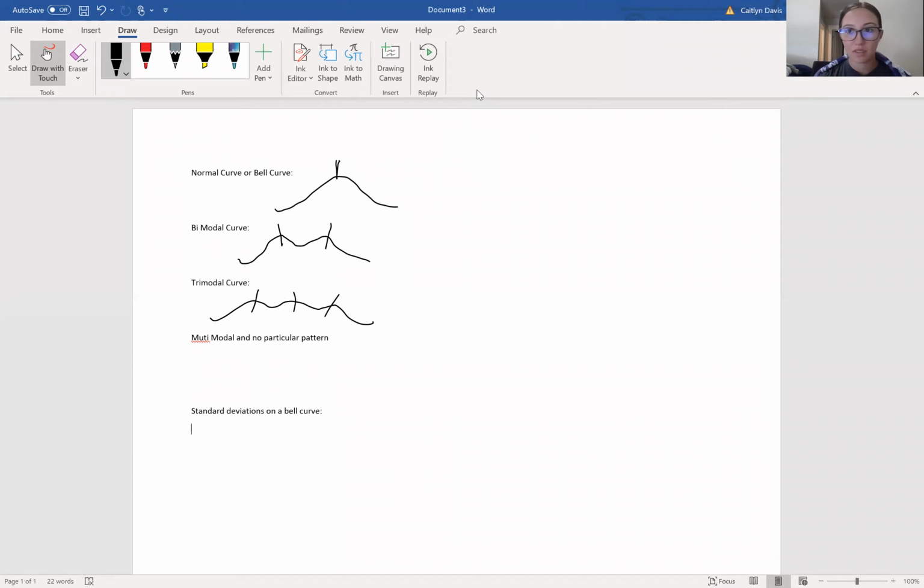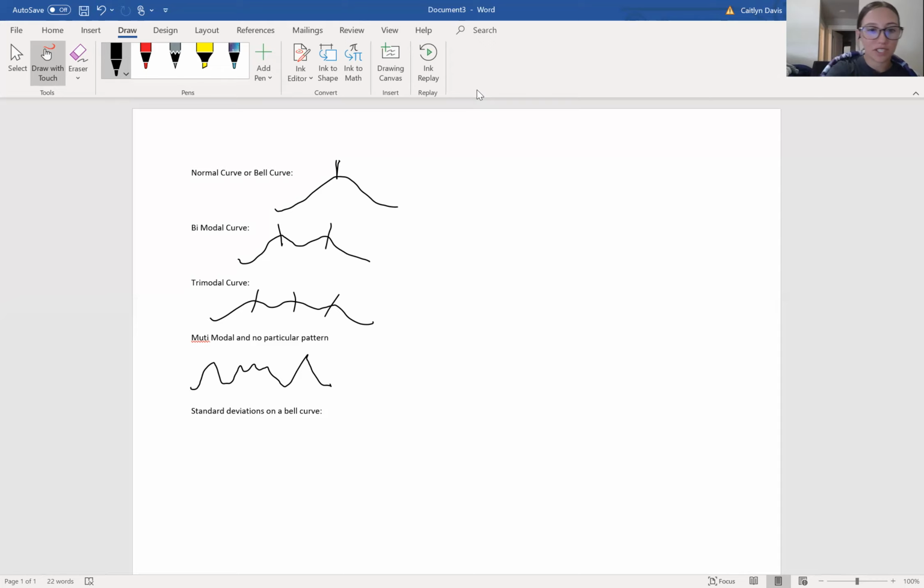And multimodal, I'm just going to draw this out because it's what I think of mentally, where we go up, then down, and then up and down again. When I think of multimodal, I still think of it being fairly evenly distributed. We have quite a few higher points, but at least the data should be fairly spread throughout.